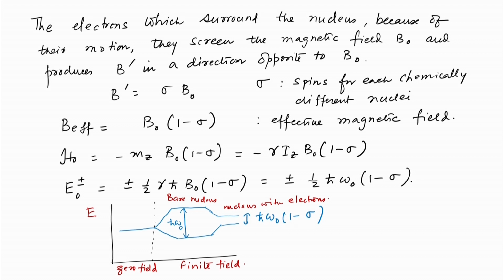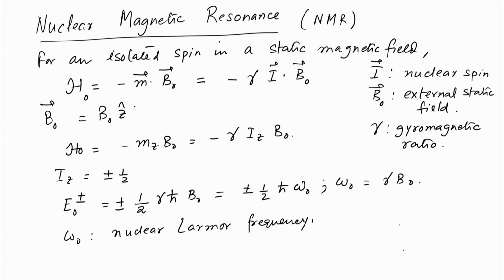And so, there is a negative sign in the Hamiltonian, and let us write this here.